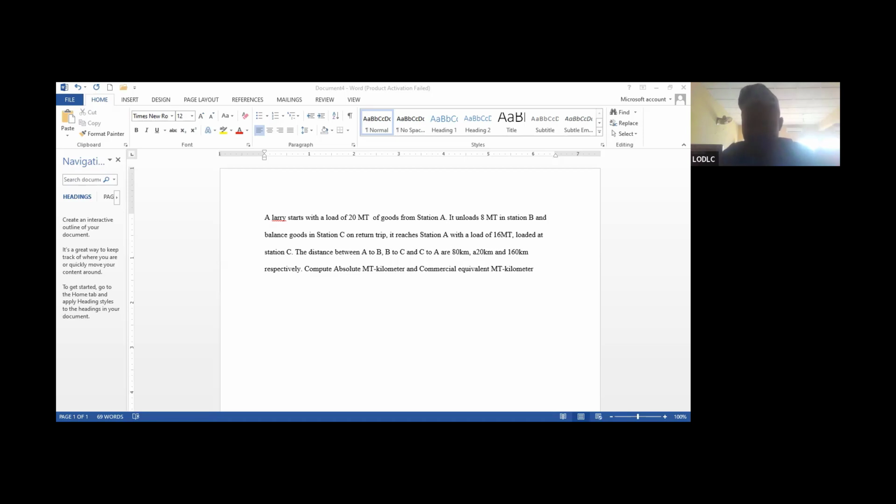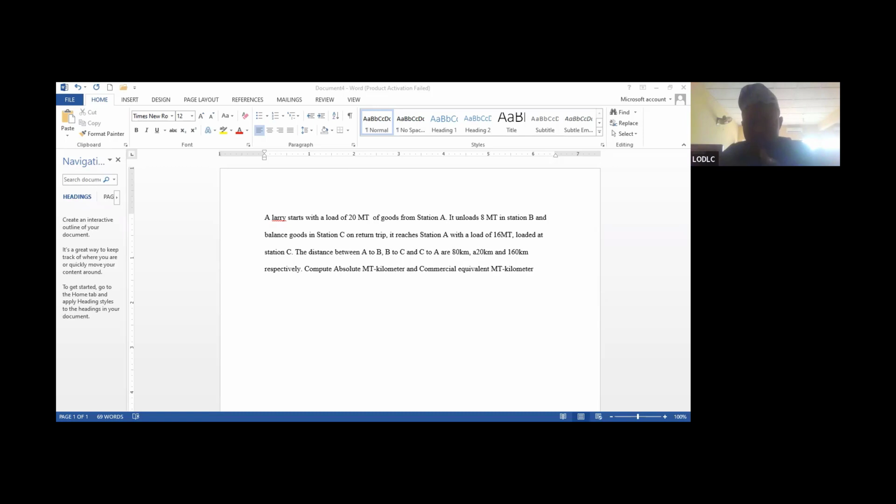It unloads 8 MT in station B. So what is the total distance covered from A to B? 80 kilometers. So 20 metric tons multiplied by 80 kilometers.